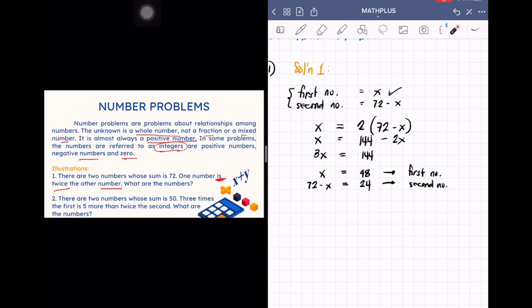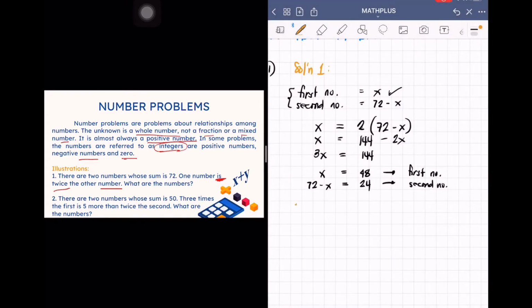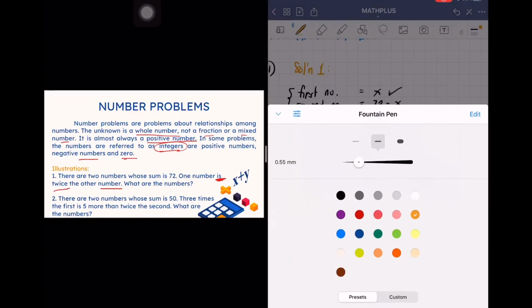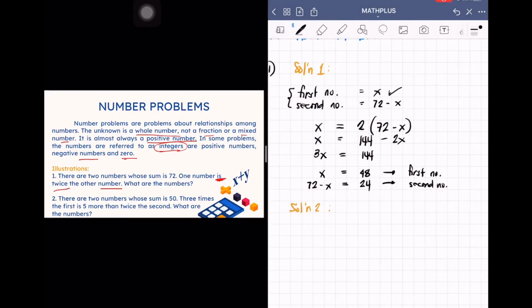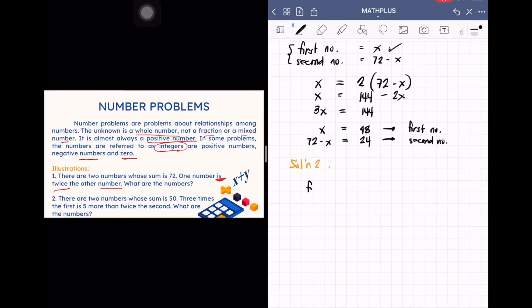But if you're used to solving using two variables, I can show you that. With two variables, we normally use x and y, di ba? To represent the numbers. So let's say your first number is x and your second number is y.